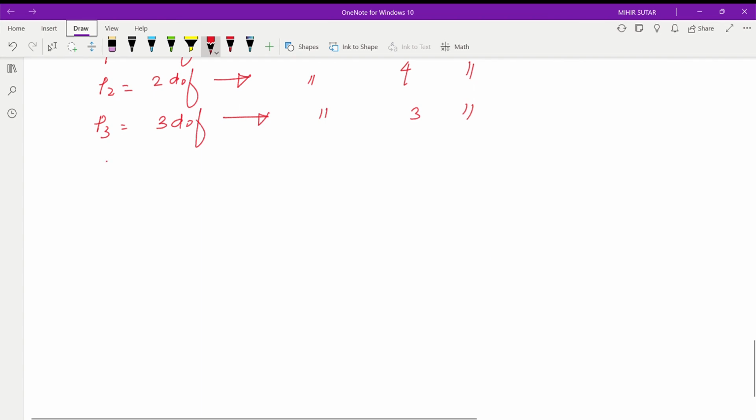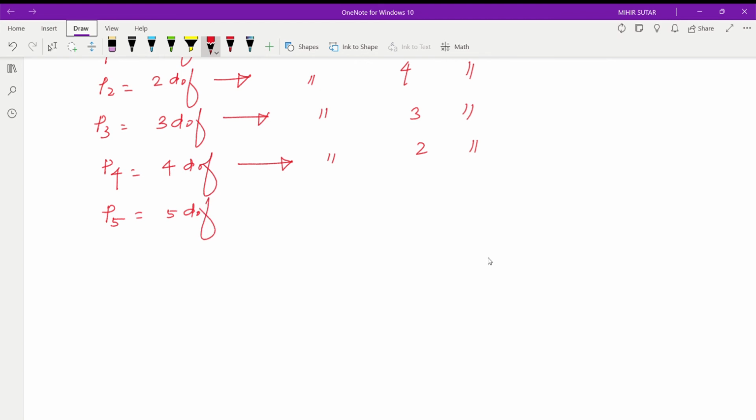P4 having 4 degrees of freedom will impose 2 constraints. P5 having 5 degrees of freedom means it is free in 5 ways, so it is fixed in one way only, one constraint is there.